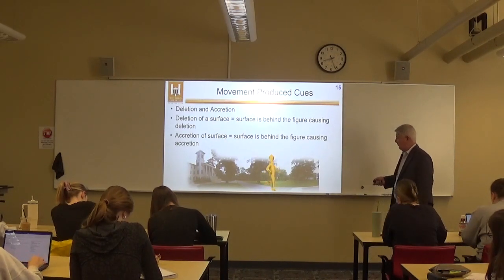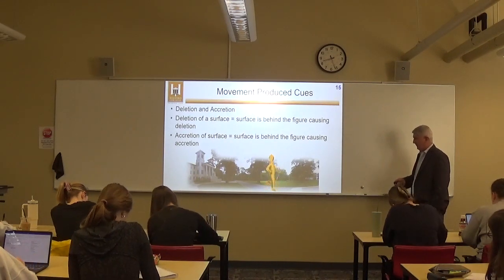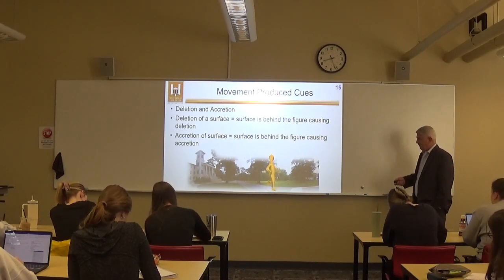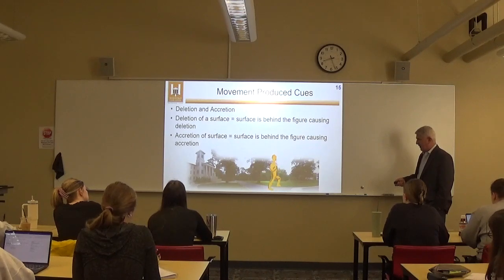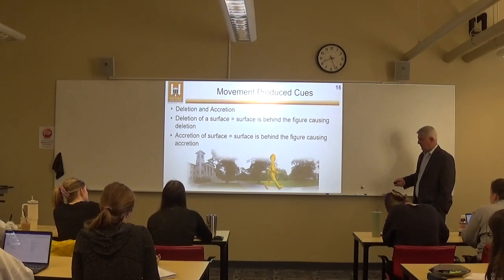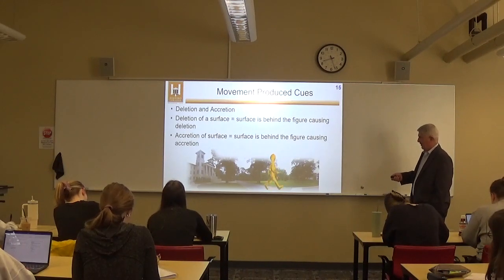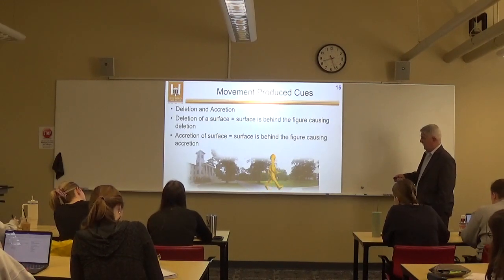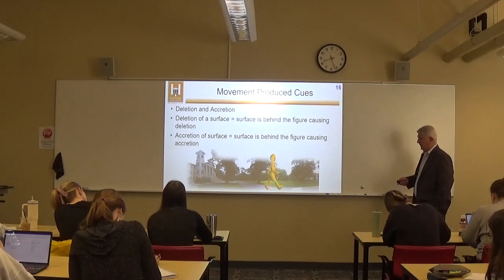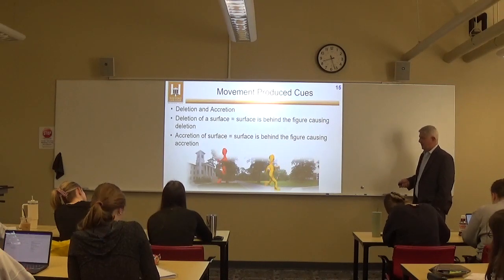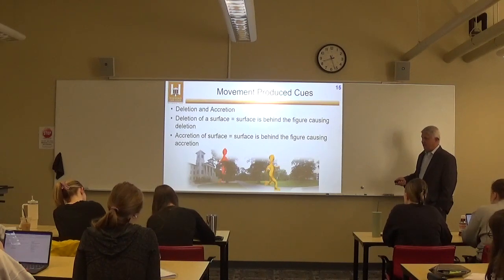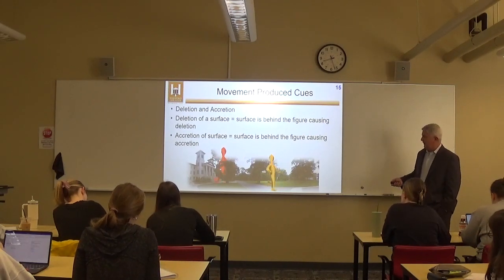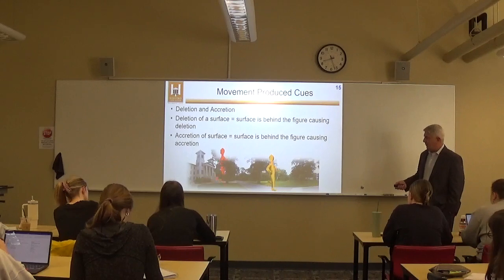So if I put this yellow person walking down Fort Main, we know that they're on the street because of where their feet are, but also their feet are occluding and accreting the curb back here, and we know they're in front of this tree because, again, parts of the tree are getting occluded and shown. If I put a person back here, because none of this tree is being accreted or deleted, we know exactly where that person is.